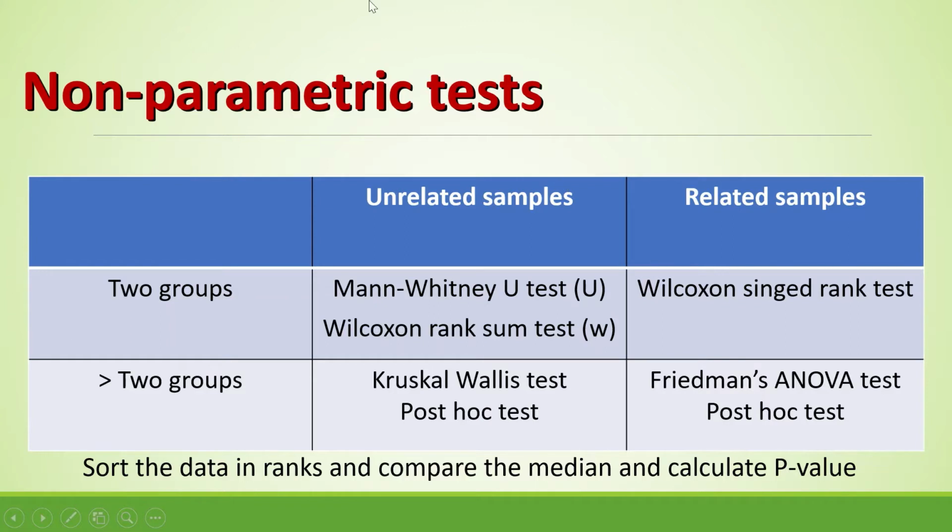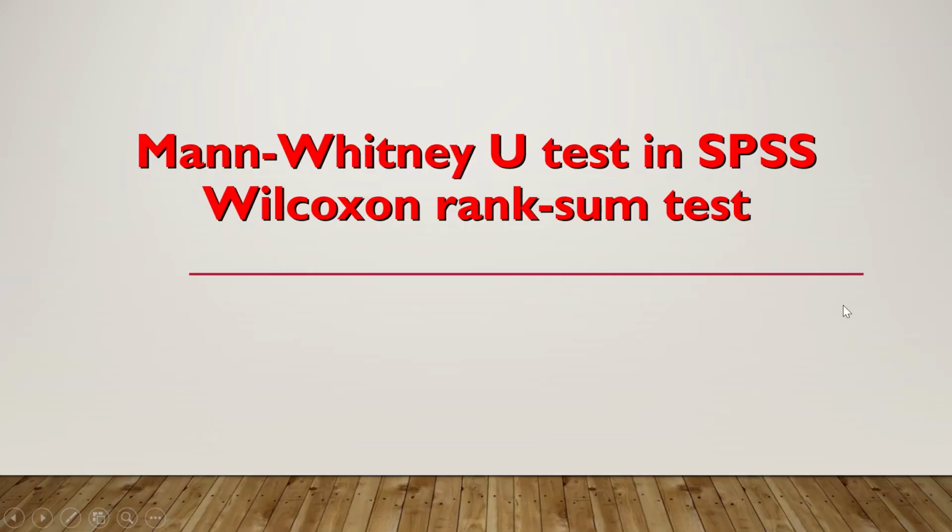So how do these tests briefly work? The non-parametric test, in fact, takes the actual data, sorts the data in ranks, compares the median and calculates the p-value. The first non-parametric test is the Mann-Whitney U test.